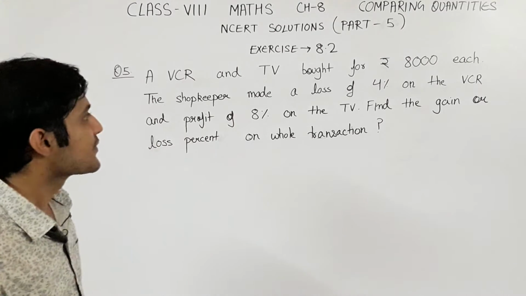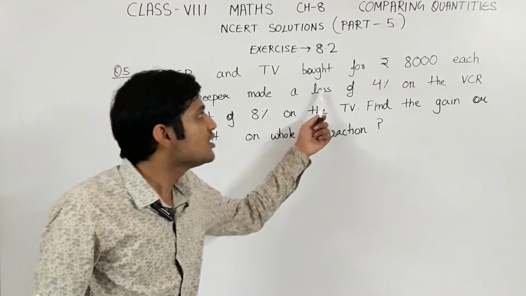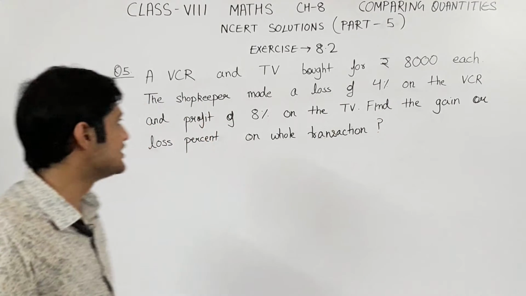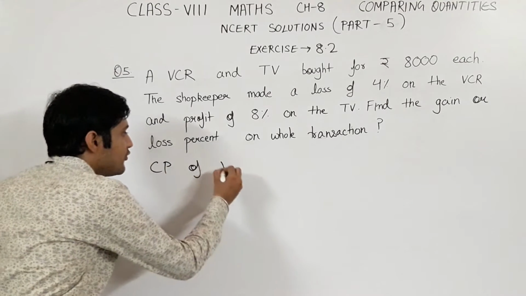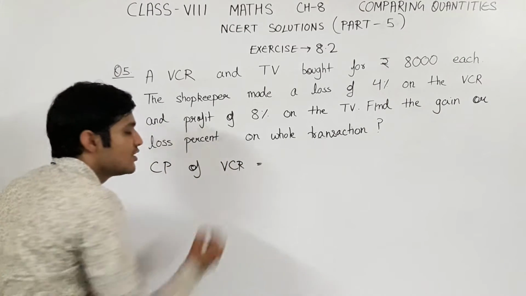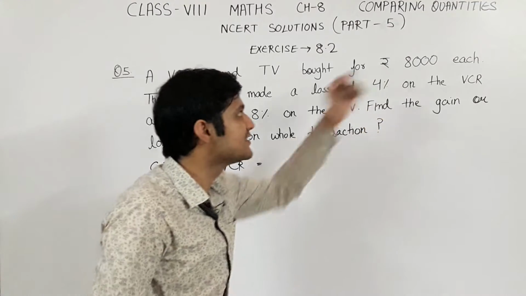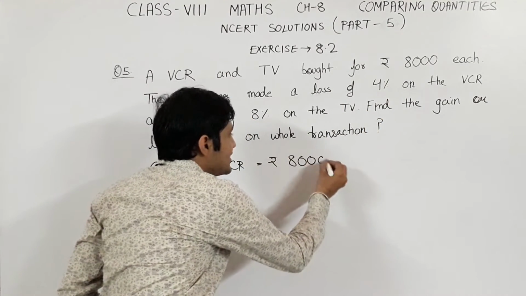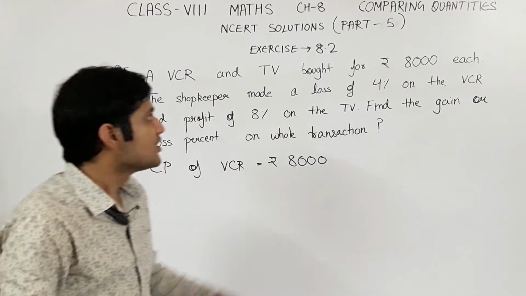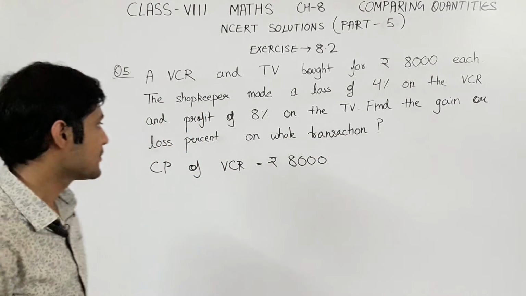So firstly, we can find out the loss in selling the VCR. For this, cost price of VCR is given. Cost price of VCR is 8000 rupees. Now on selling this VCR, loss of 4%.